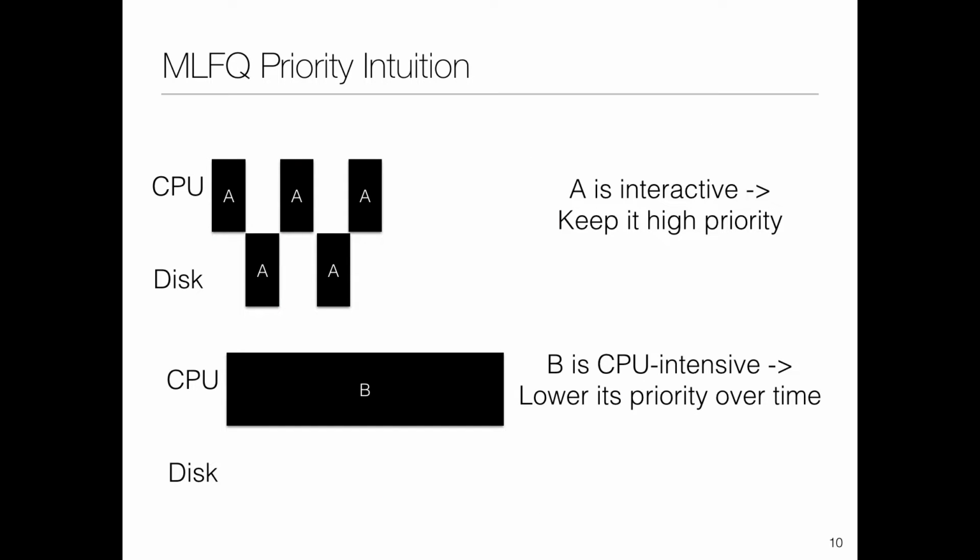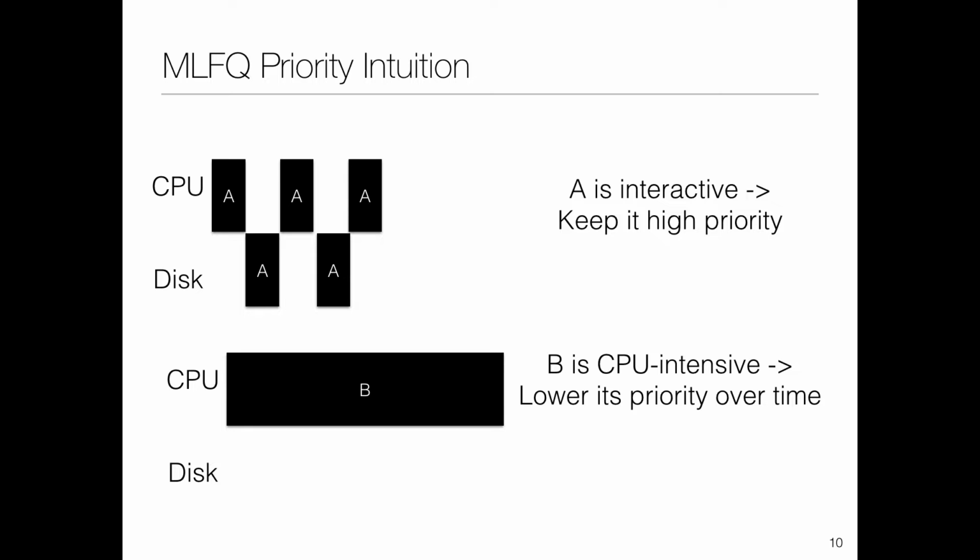So let's look at the intuition behind this methodology or this scheduling policy. Let's say we have a process A which is highly interactive. By interactive, I mean it regularly wants to access the disk, or it regularly is looking for, let's say, keyboard input or user input.